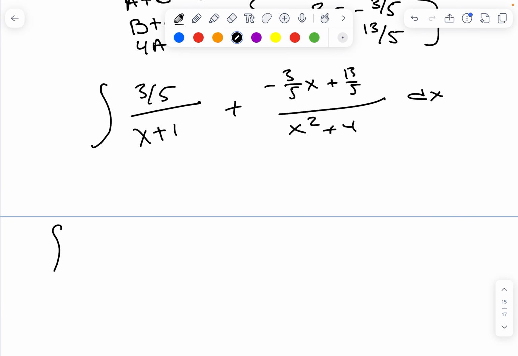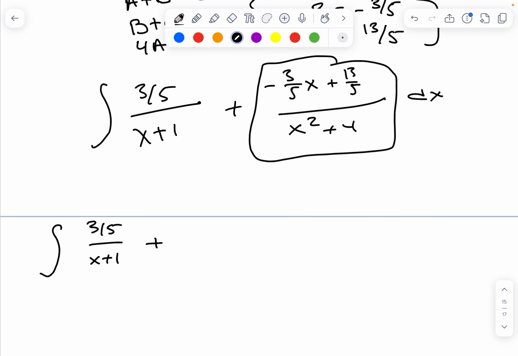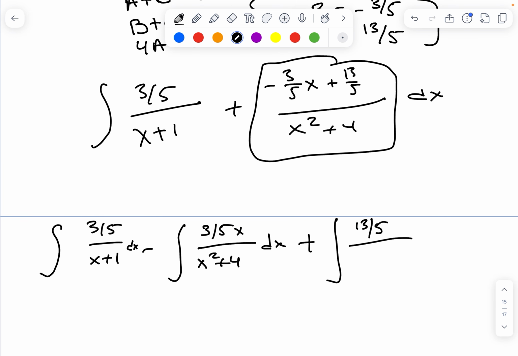So what that will look like is the integral of 3/5 over x plus 1, and because we can simplify this term down, I'm going to say this is minus, not a plus, because it's a negative, minus the integral of 3/5 x over x squared plus 4 dx, and then we've got plus 13 over 5 over x squared plus 4 dx.